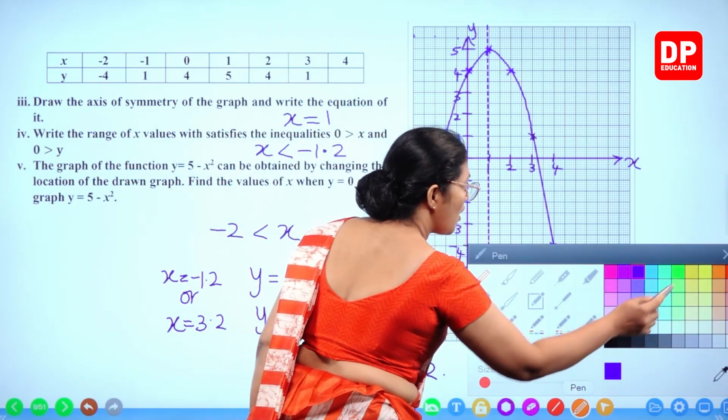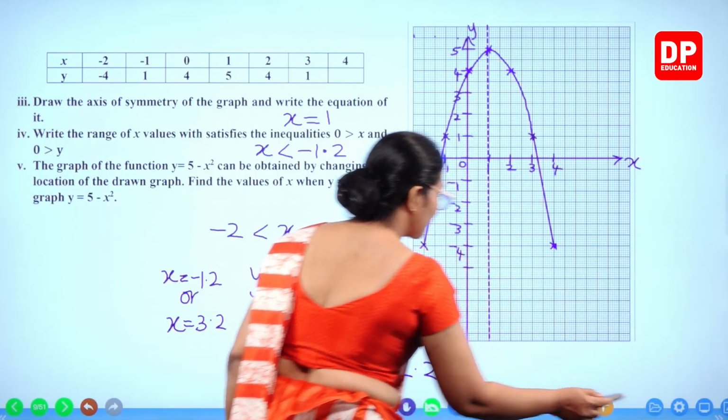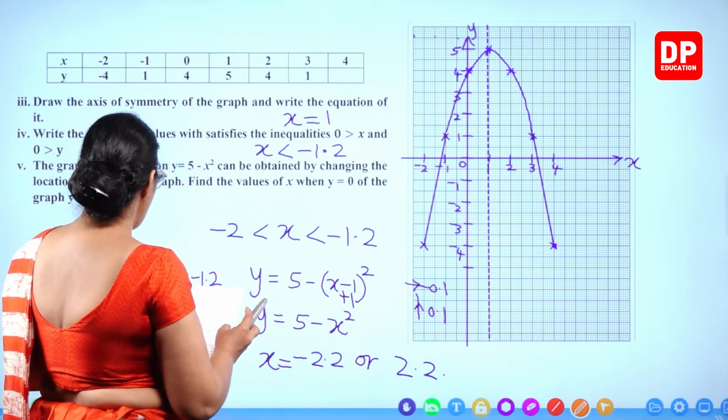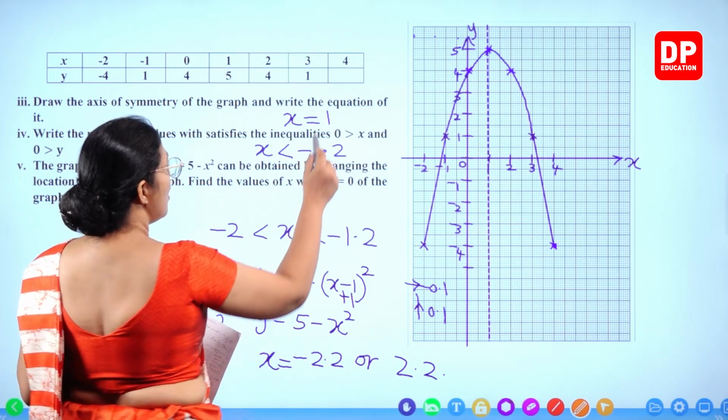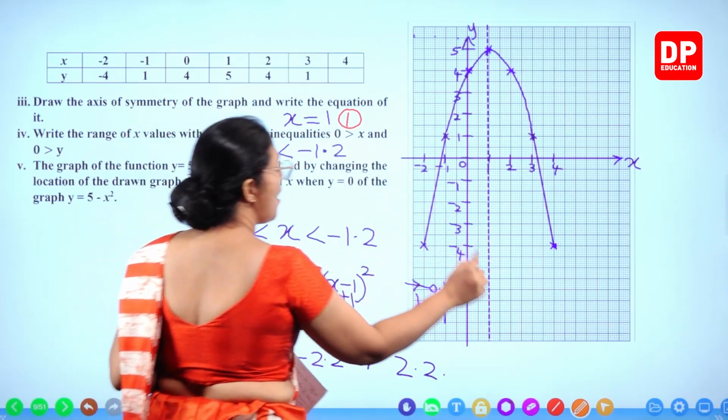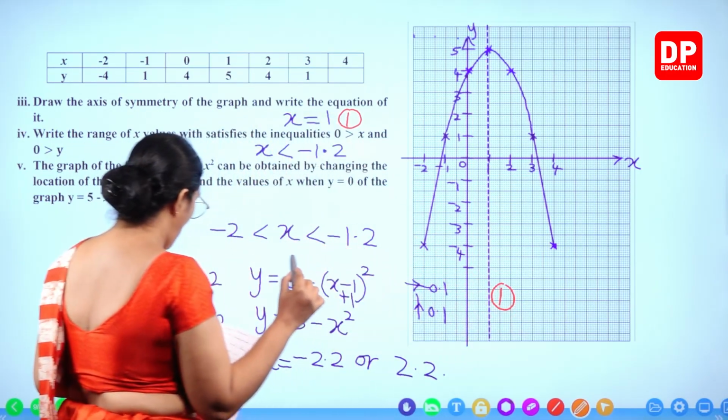So how many marks are you getting? You get 1 mark for writing the equation of the line of symmetry and 1 mark for drawing it on the graph.